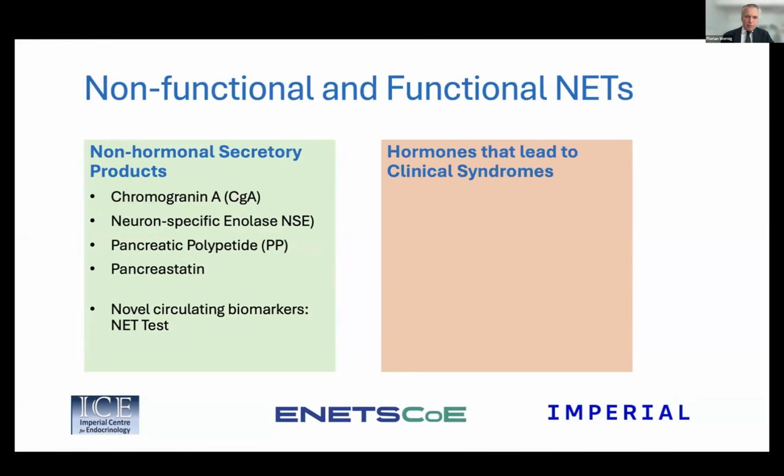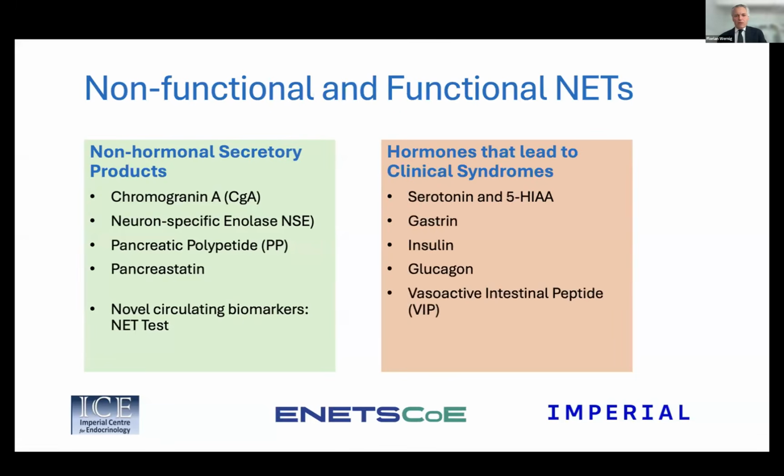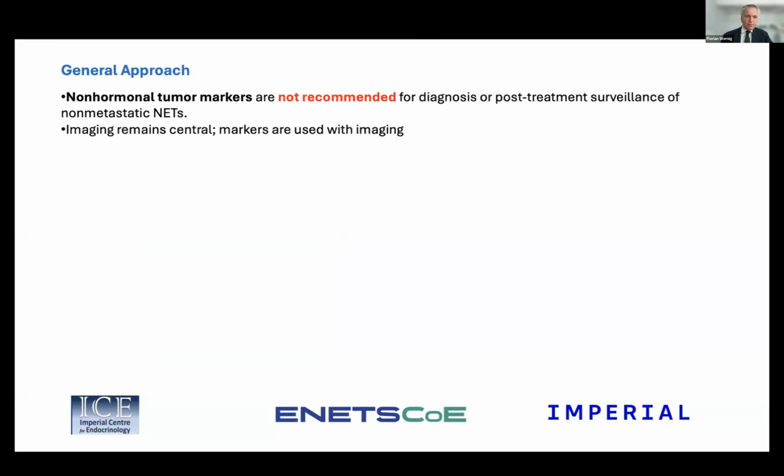Functional neuroendocrine tumors produce various hormones causing symptoms, such as serotonin and 5-HIAA, gastrin, insulin, glucagon, or vasoactive intestinal peptide. There are also some rarer hormones associated with neuroendocrine tumors, such as PTH, PTH-RP, or ACTH.